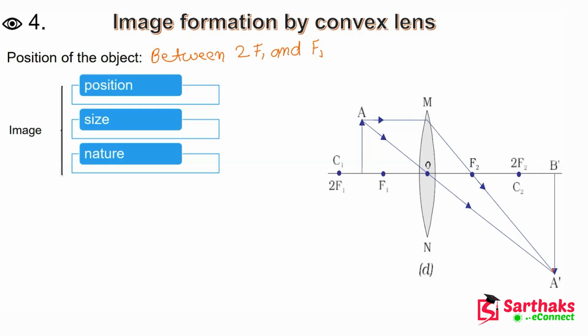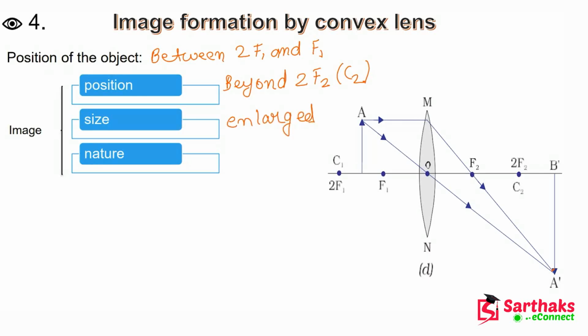Now you tell me what is the position of the image. Here the position of the image is beyond 2F2, or C2. So in this case, the position of the image is beyond 2F2, which can also be written as C2. That's why it is beyond C2 or 2F2, both are correct. Now, let's talk about the size. Here in this case, you can say that the size is enlarged.